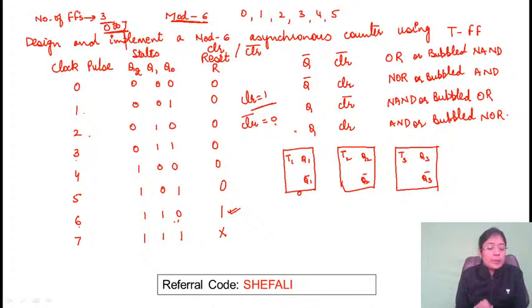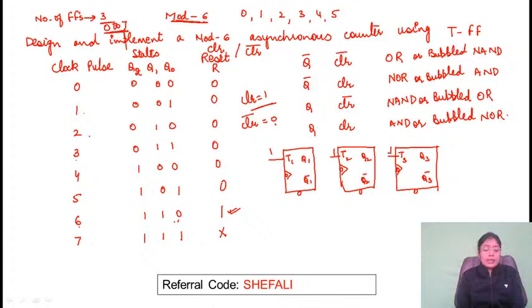Here I am taking the clear complement example, don't worry. So if it is taking the bubble and it is working on negative edge triggering, some inputs are fixed to 1.